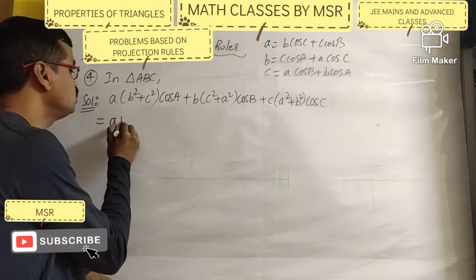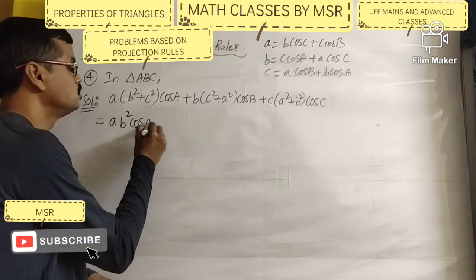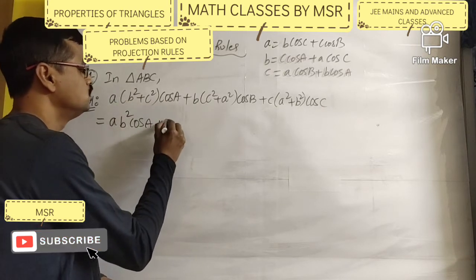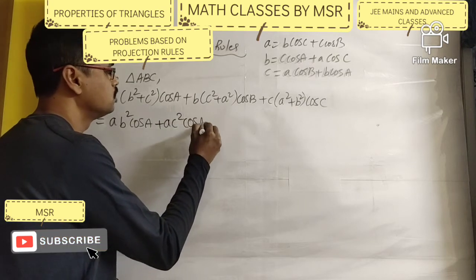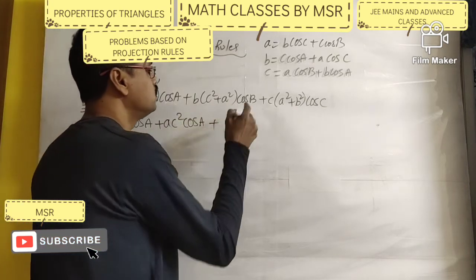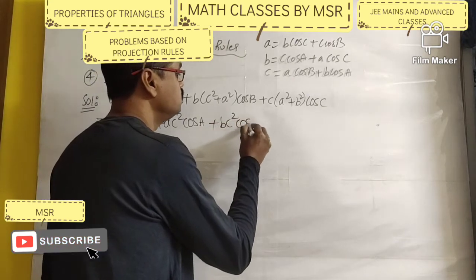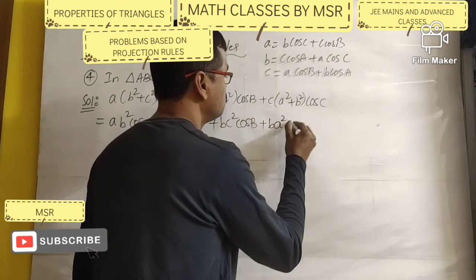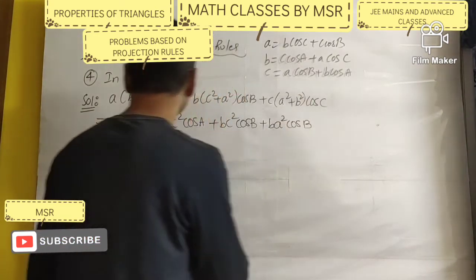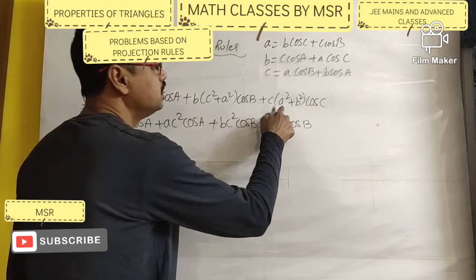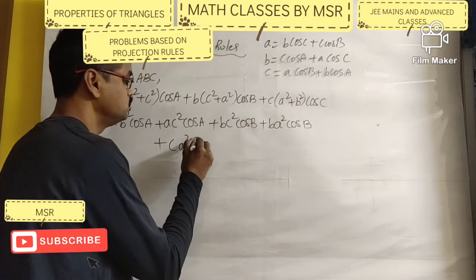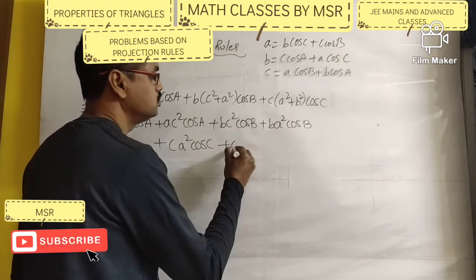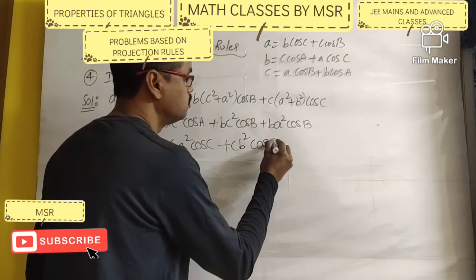So a b square cos A, next a c square cos A. Next b c square cos B plus b a square cos B, plus c a square cos C. Next c b square into cos C.